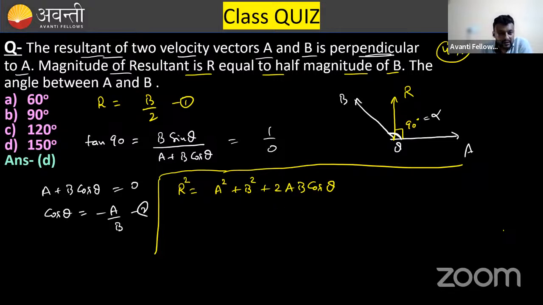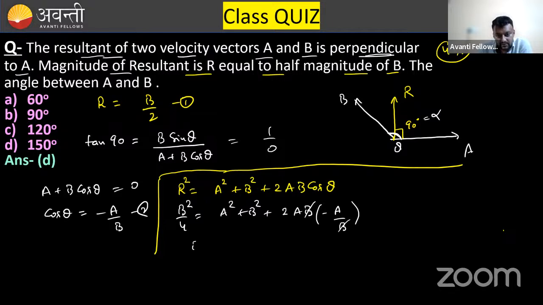If you put the values, R square is what? It will become B square by 4 is equal to A square plus B square plus 2AB, and cos theta is what? Minus A by B. So this B and B is cancelled. What's happening?